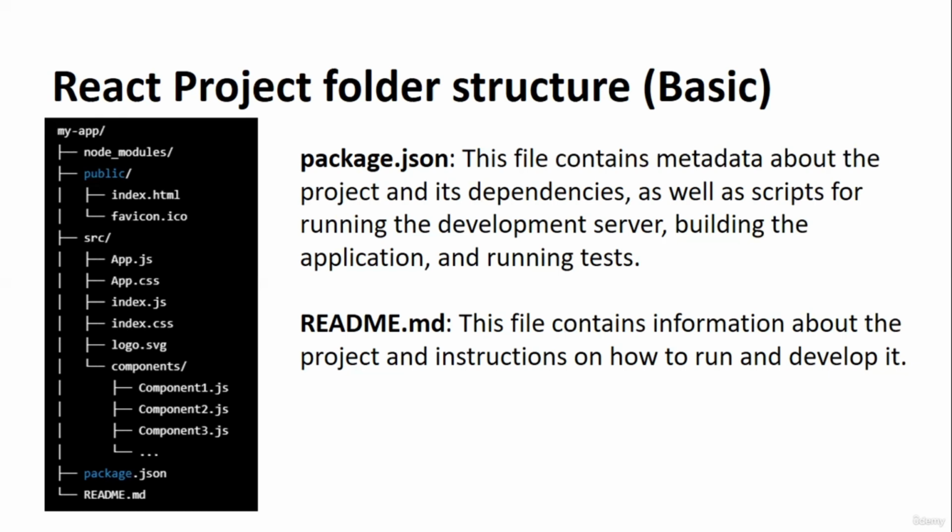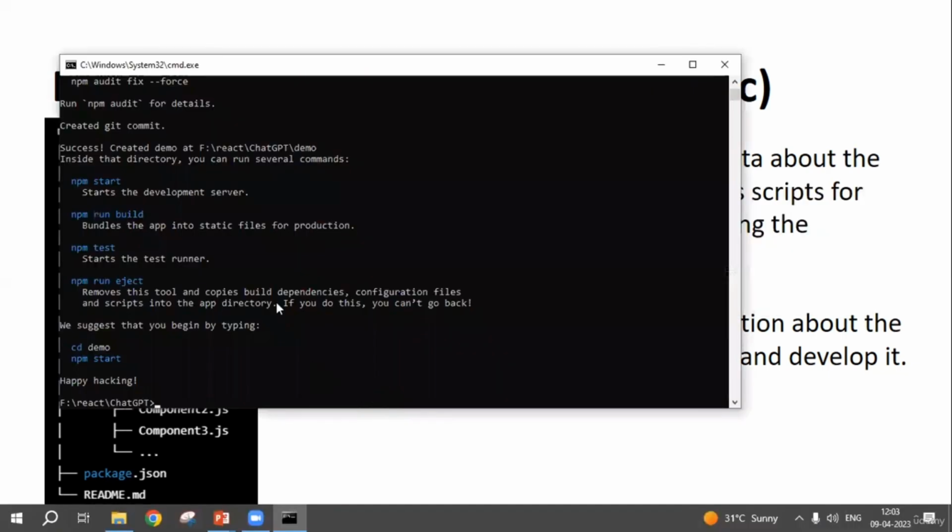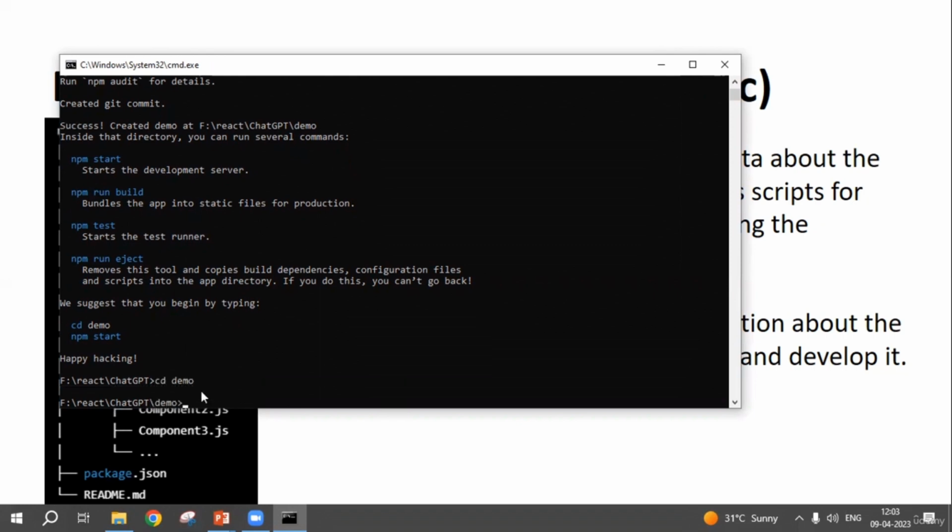Now let's go to the command prompt and see that our React project is ready to serve us. What we have to do is write cd and our project name, which is demo, hit enter, and we are currently in the demo directory.